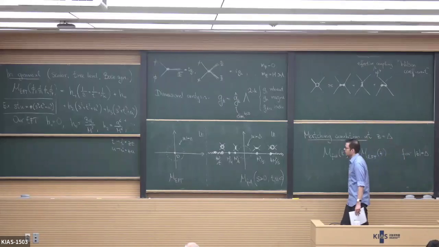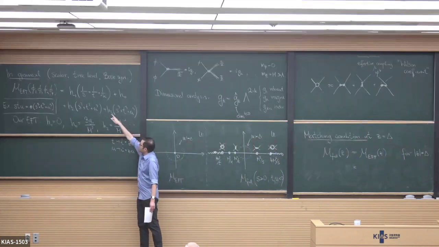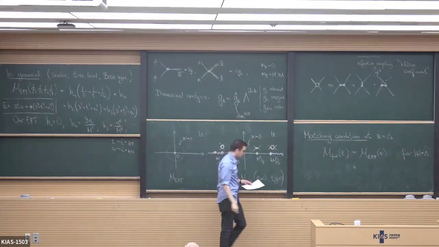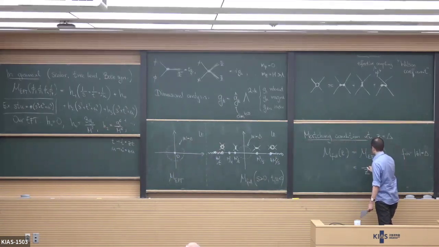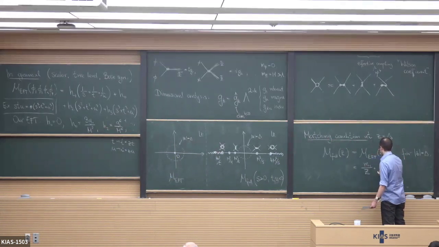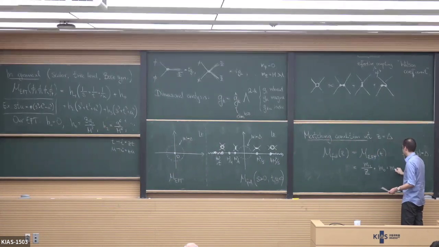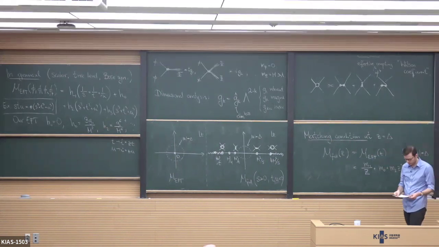Let me rewrite this, since these are rather bulky expressions for the EFT side, to emphasize the z dependence. What I mentioned before is that we can have 1 over z, then a constant piece, then z squared, and so on and so on. These m's are some combinations of the h's on the other blackboard.